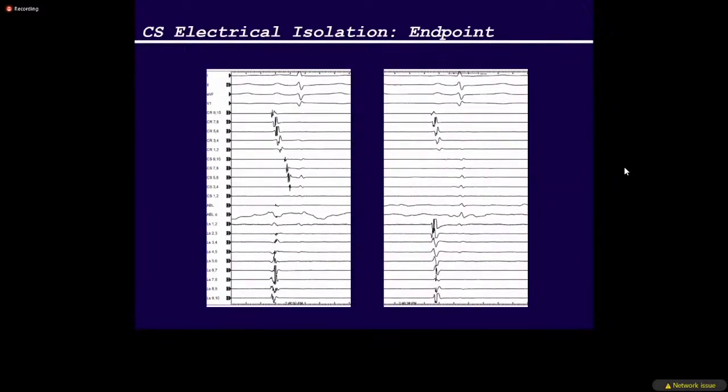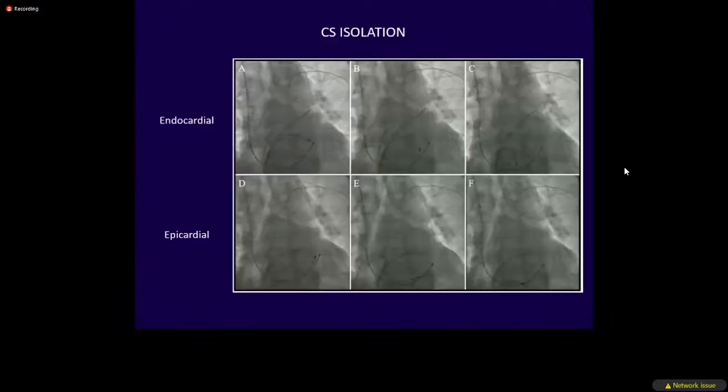Isolation, as with the posterior wall, means you see the coronary sinus on your left, and on the right you see nothing, just a far field V. So isolation means nothing; it doesn't mean low amplitude recording. We usually try to maximize endocardial ablation first before we go epicardially, to minimize risk, and there are ways to do it inside the coronary sinus safely.